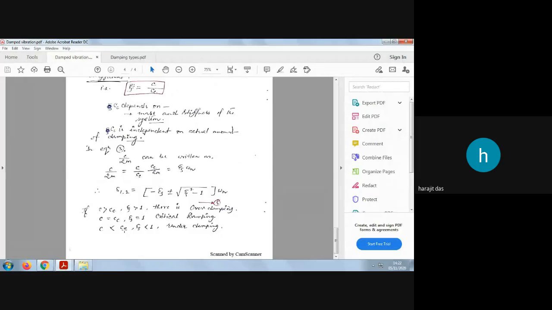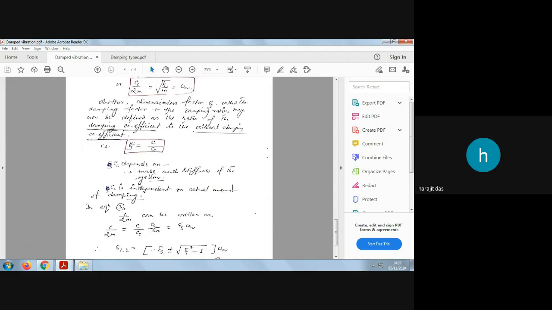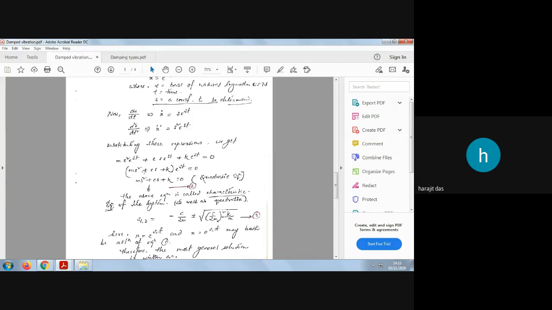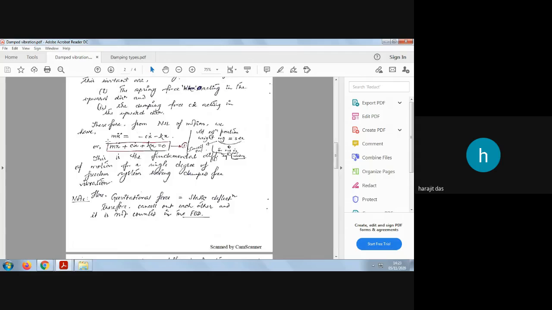Now if c is less than cc, which is also possible, then zeta is less than 1. From this expression, if c is less than cc, zeta is less than 1, and this is called the under damping condition. Under these three conditions, you need to find the value of s, the roots of this characteristic equation. First we took one small differential equation.